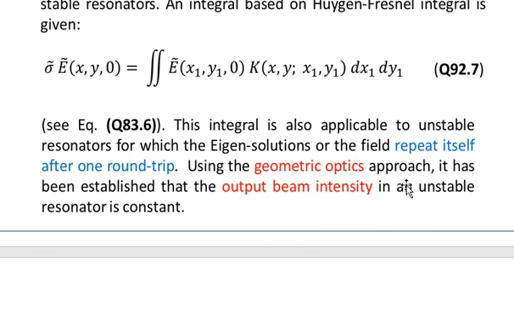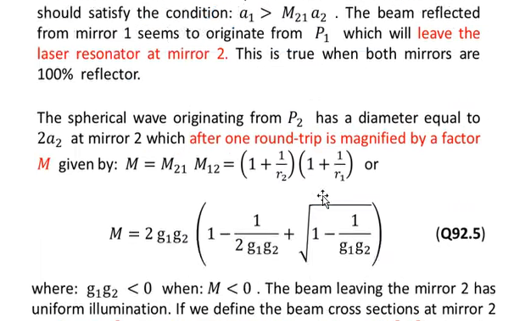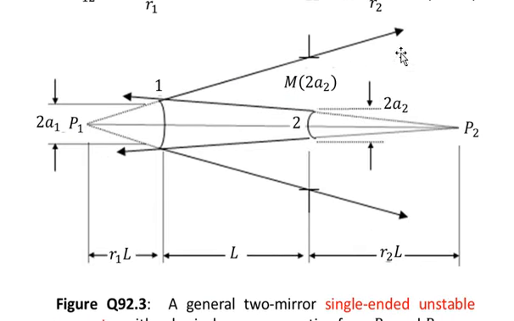Using the geometric optics approach, it has been established that the output beam intensity in an unstable resonator is constant. So you see that in case of an unstable resonator, using the geometric optics approach, we find that the magnitude of the field leaving this cavity at the location of the mirror 2 has a constant intensity for the beam which leaves the resonator.